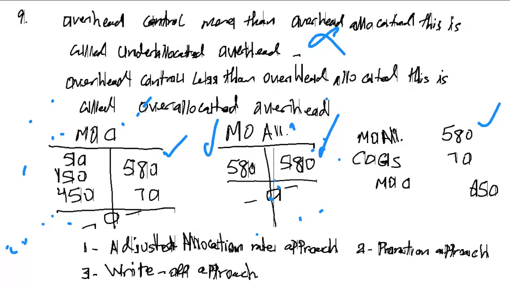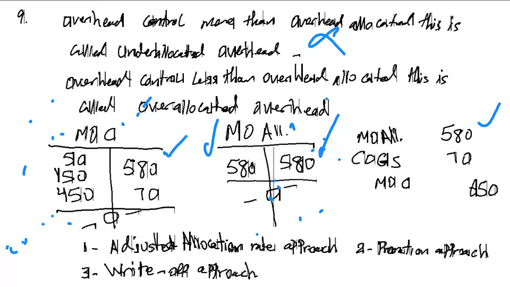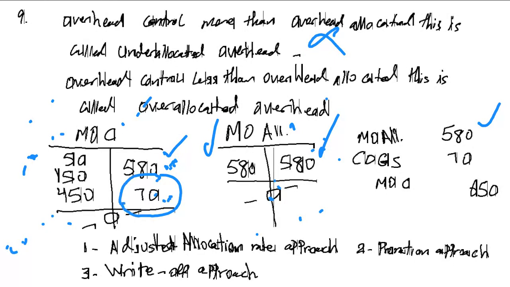Okay, but in order to close the manufacturing overhead control, on this side I have 580, on this side I have 650, so I'm short $70. That's why this is the case of under allocated overhead. So my actual overhead is 650, I have just 580 here, so I need 70 here. So I just enter 70 here in order to close the account.